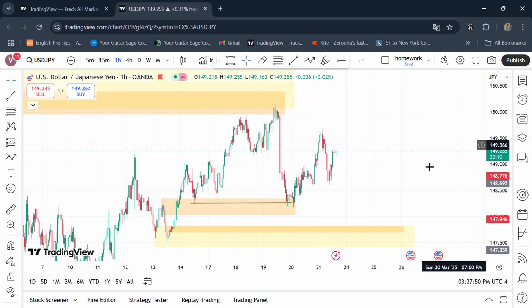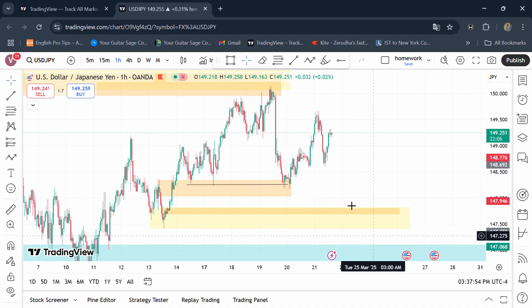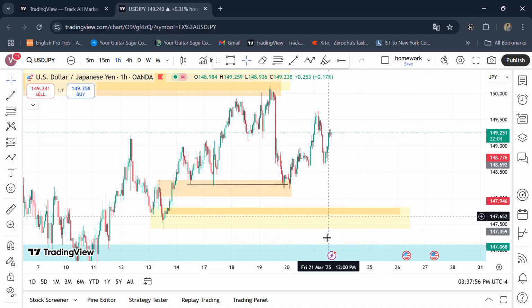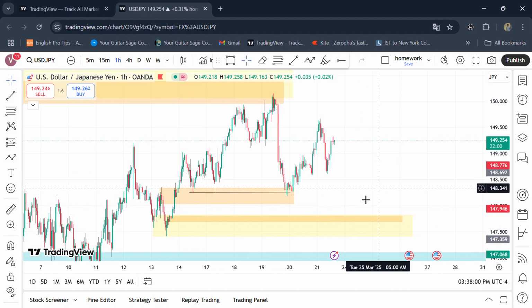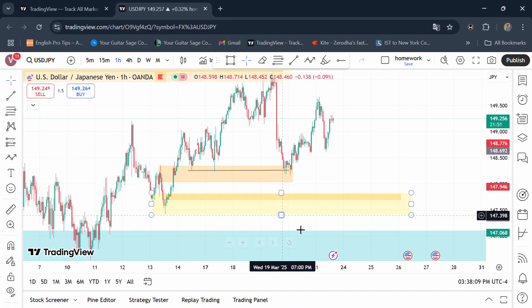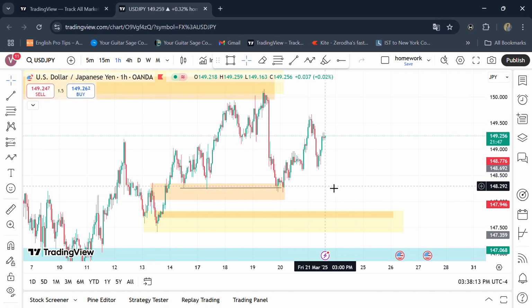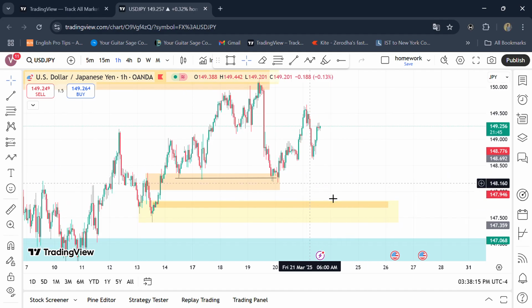So the only feasible reason that we have is soon this will be tapped. Soon the price will come to tap this and then it will react from here. We don't know if it's an uptrend or a downtrend. We don't know yet. But what we do know is we will get to know the trend once the price reaches this order block. And it hasn't reached it yet.